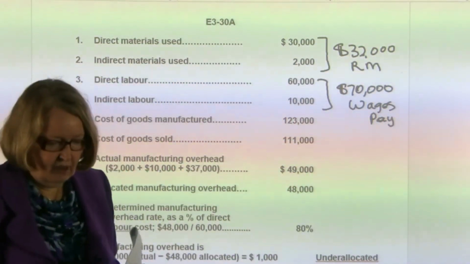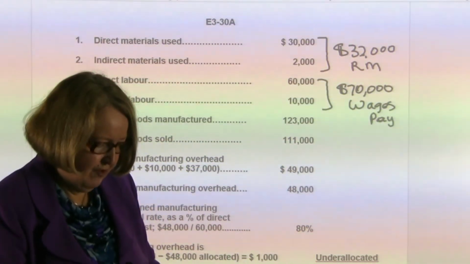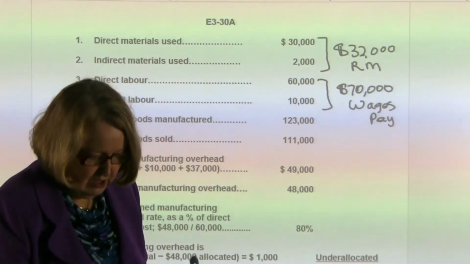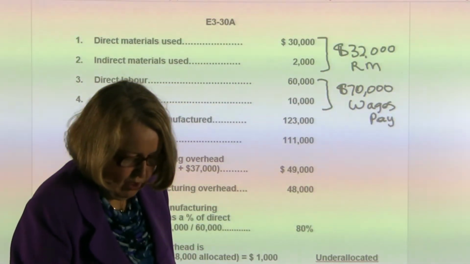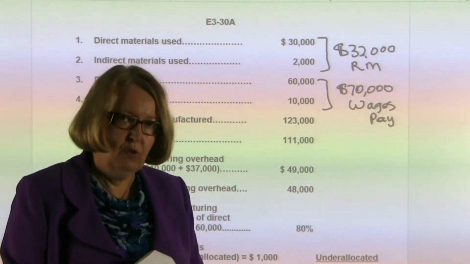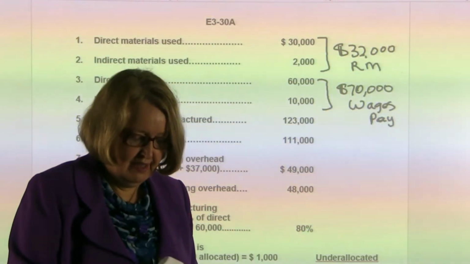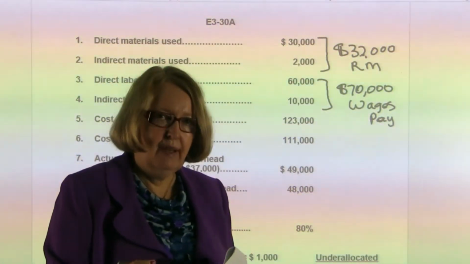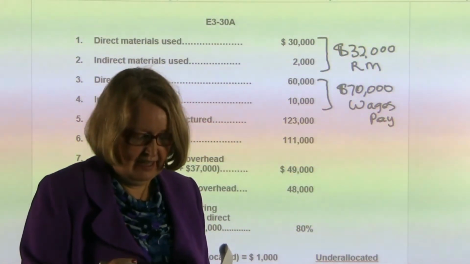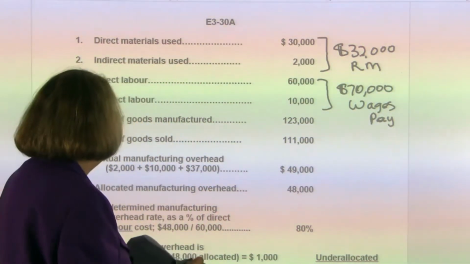Now, the cost of goods manufactured. Where this is coming from, if you look at your work in process inventory, you'll see a credit in that account of 123,000.